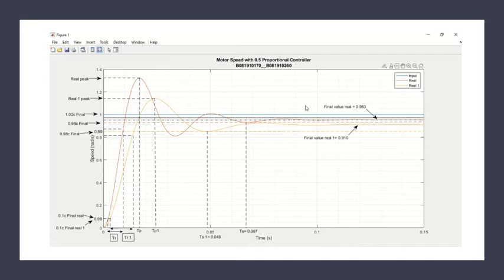First I would like to find my final value real and final value real 1 as I follow from the lab sheet. My final value real, the red line, is 0.953 at the straight line. Final value real 1 is equal to 0.9110.